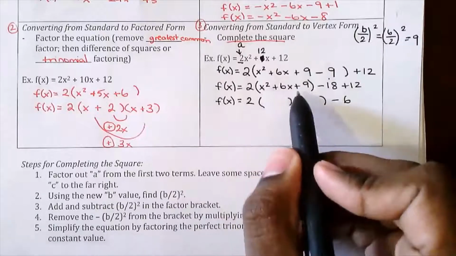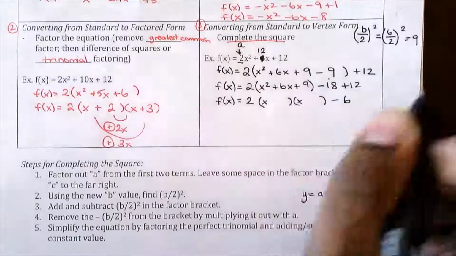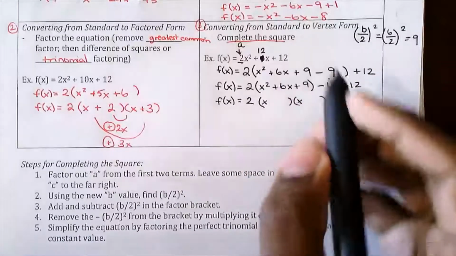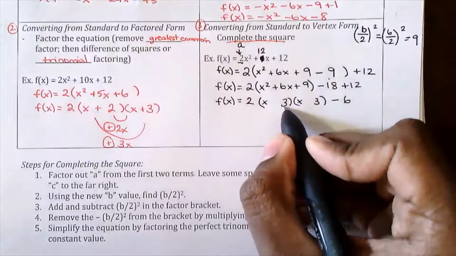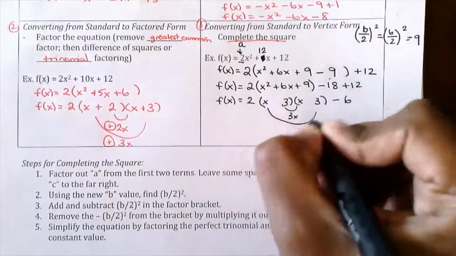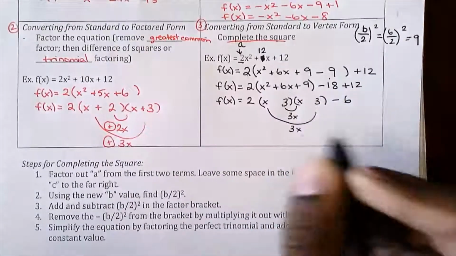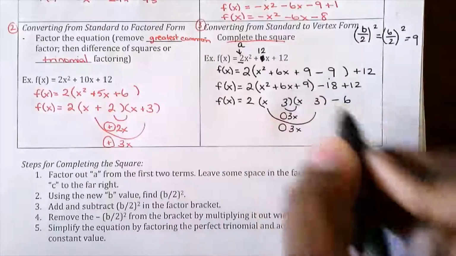Because it's a trinomial, to get to x squared, I'm going to have x and x. To get to 9, again, I can have 3 and 3. If I do my double smiley, this is 3x. This is also 3x. I need to put signs in front of them that add up to give me 6x.